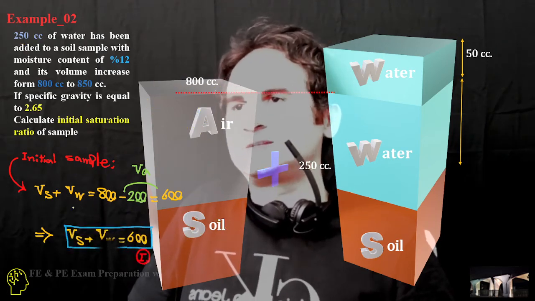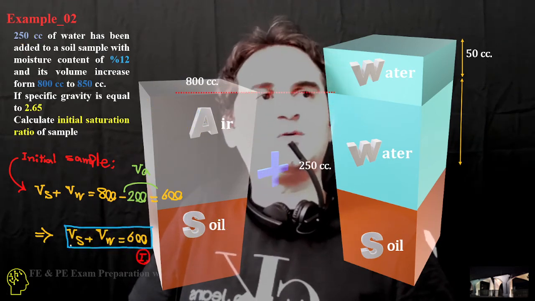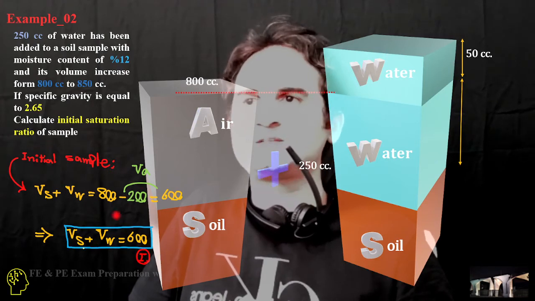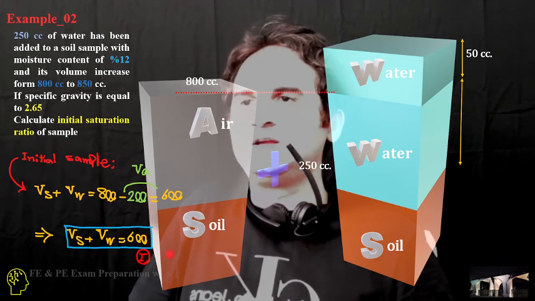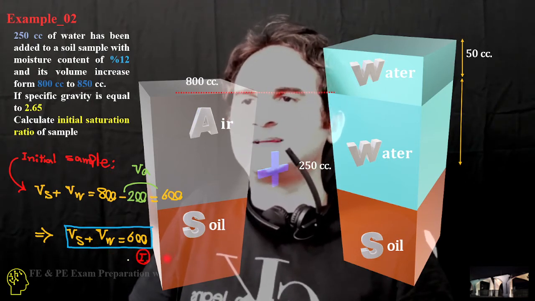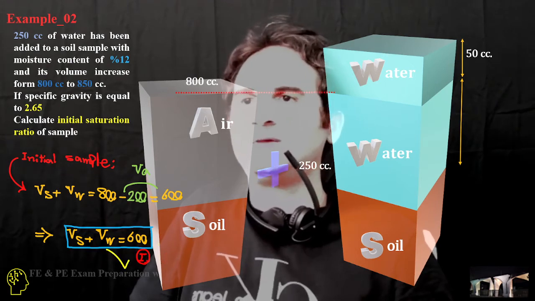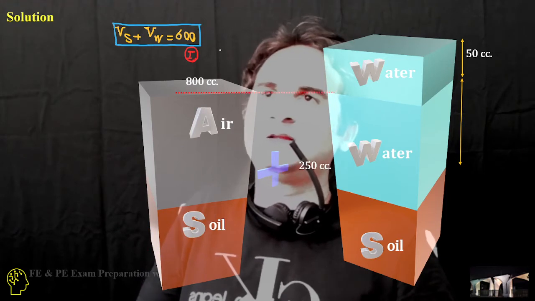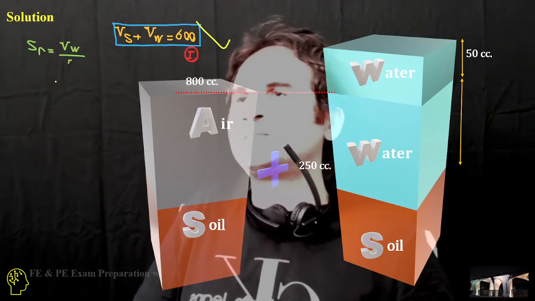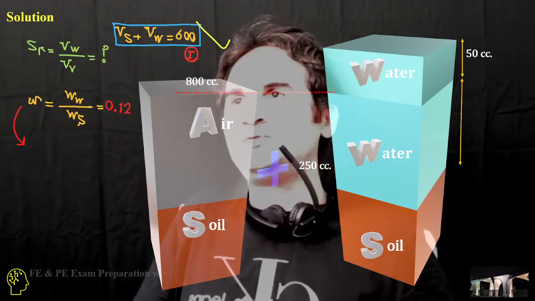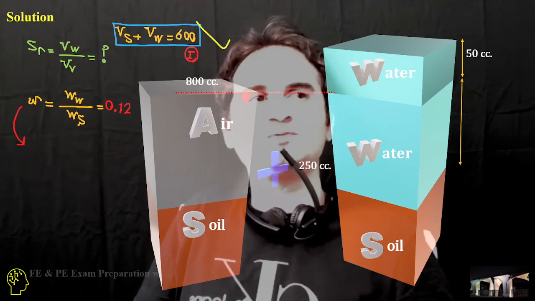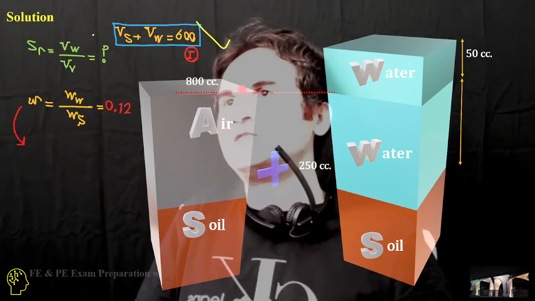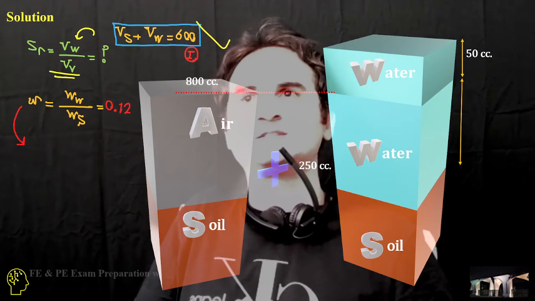If we jot it down as equation 1, Vs plus Vw is equal to 600 centimeter cubed. That's our equation 1. We do know the saturation ratio is the volume of water which fills the void.